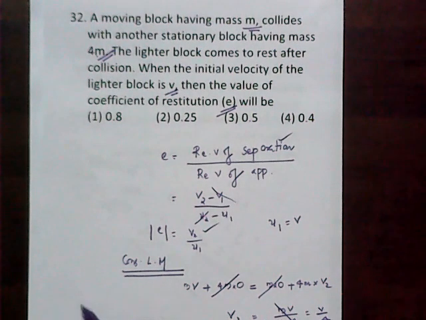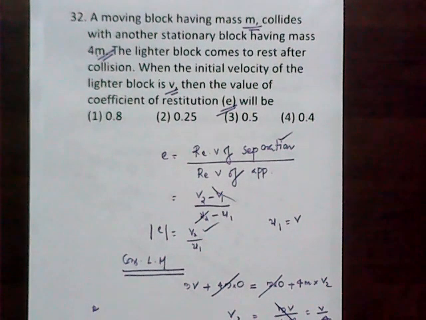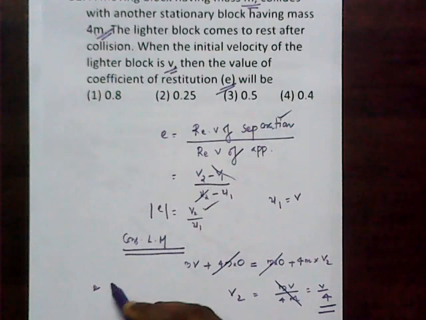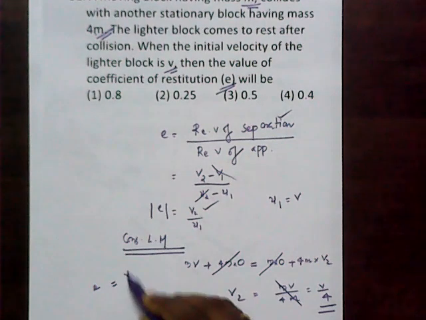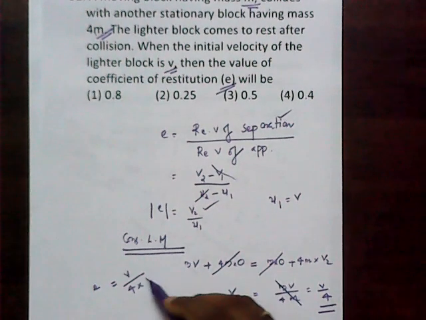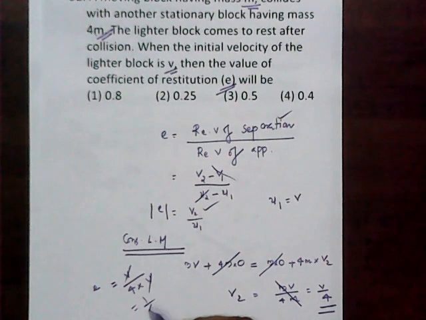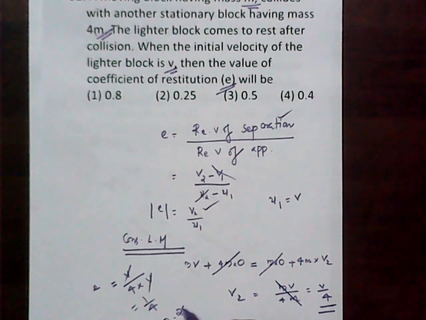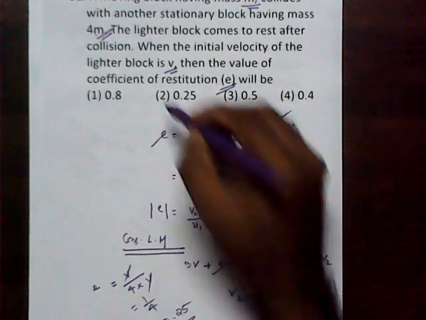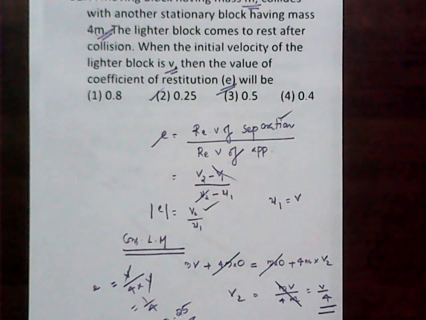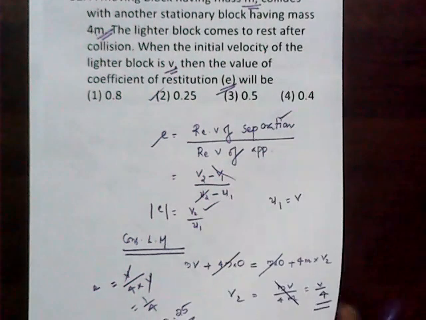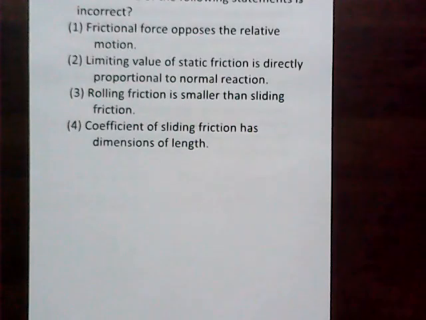So e equals v2 by u1, which is v by 4 divided by v, so 1 by 4, that is 0.25. A good question. So we get the answer as the second choice.